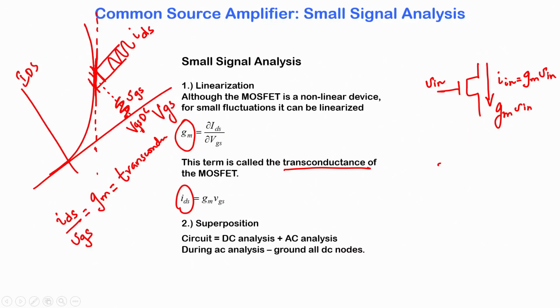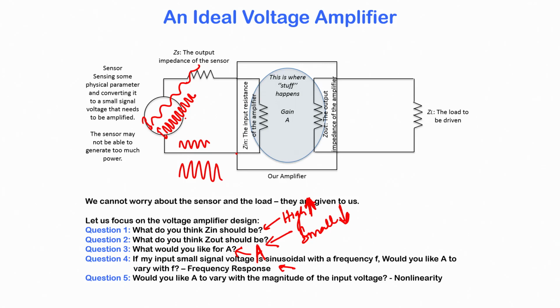If you go back to our definition of the voltage amplifier, we have understood what the gain is, but we still did not understand the input impedance and the output impedance. We are now looking at the output impedance, which is, if this circuit were to look back into this amplifier, what resistance would it see here?